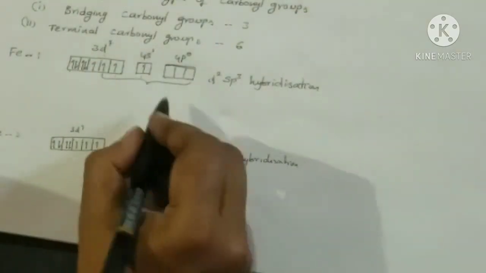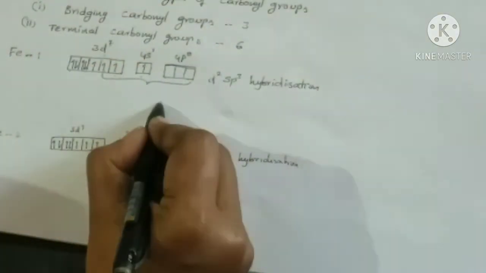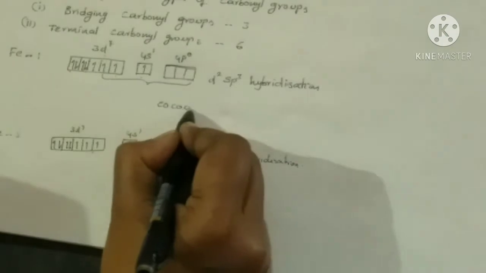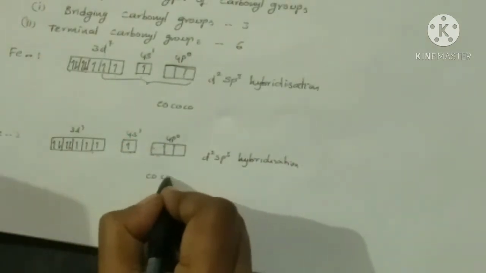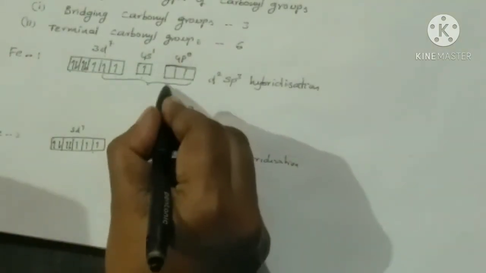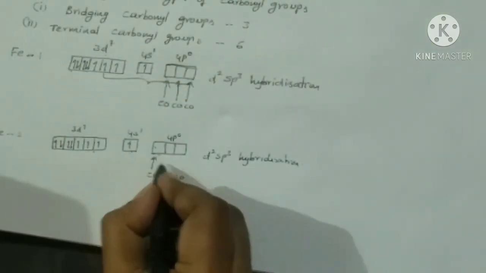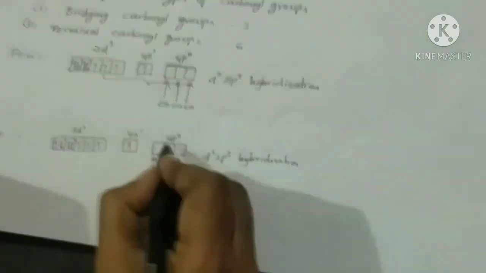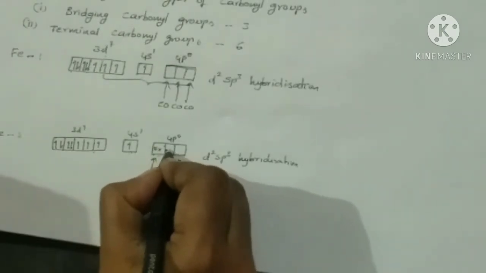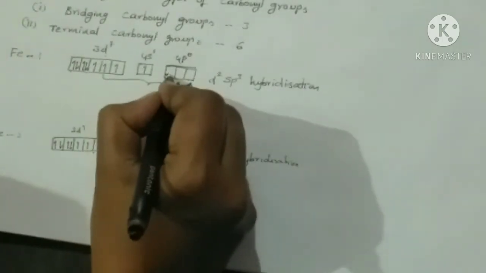Okay, so here out of 9 carbonyl groups, 3 carbonyl groups donate electrons to these vacant orbitals and form dative bonds like this.